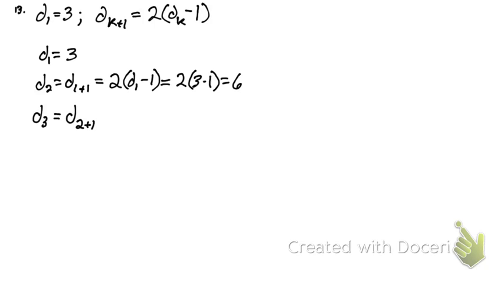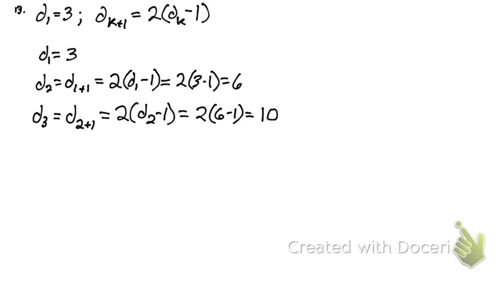That means 2 is taking the place of my k's. So we'll have 2 times d sub 2 minus 1. But in plain English, that was 2 times the term before it, minus 1, which is going to equal 10.